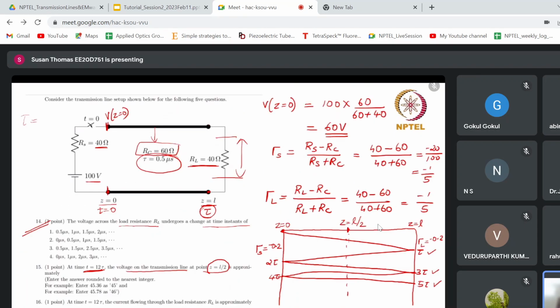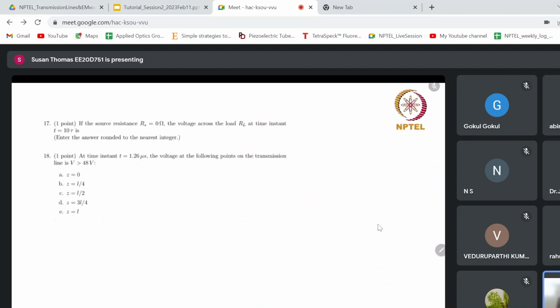Okay. So we have discussed this one and this one. Let's move to the next. If the source resistance Rs is 0, what is the voltage across RL at a time instant 10 tau? So this is a special condition. When Rs is 0, what will be gamma S? Simple question.